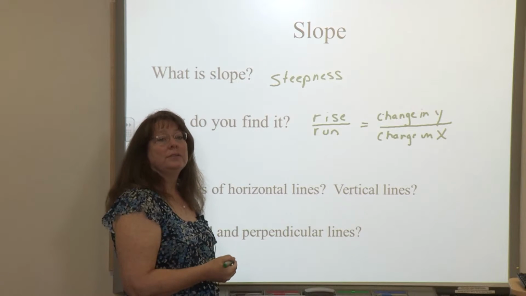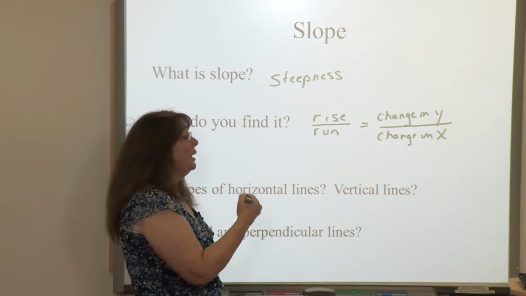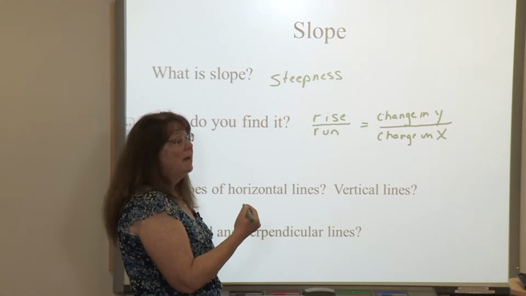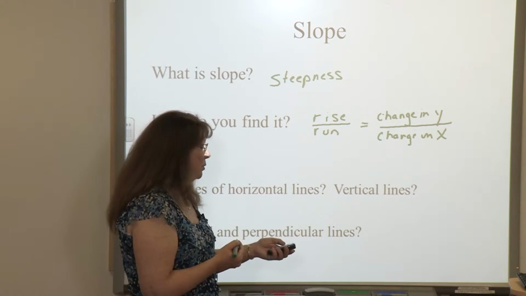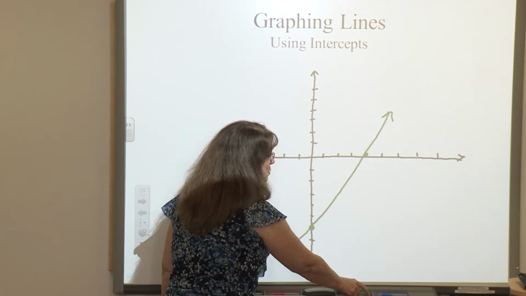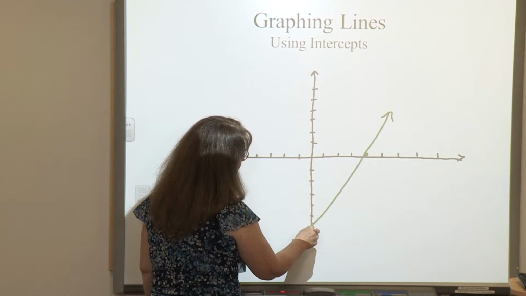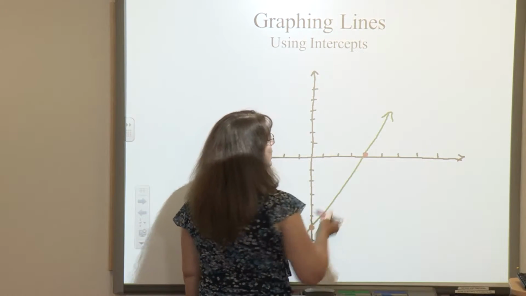We had 2 values that we used that were going to be intercept points. And I could look at that distance to see what my slope is for these points. So if we go back to our graph, and we look at those points that we had, here's one point that I started at. Here's the next point that I ended up at.